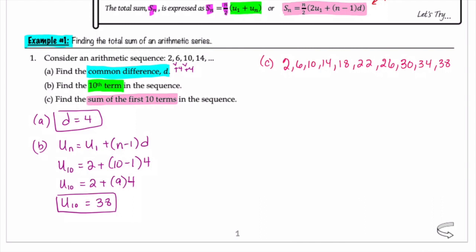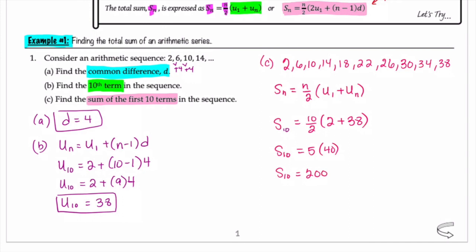We have our formula: S sub n is equal to n divided by 2, that's the number of pairs, times the first term plus the last term. I'm going to use this formula and substitute n to be 10. So the sum of the first 10 terms is equal to 200.